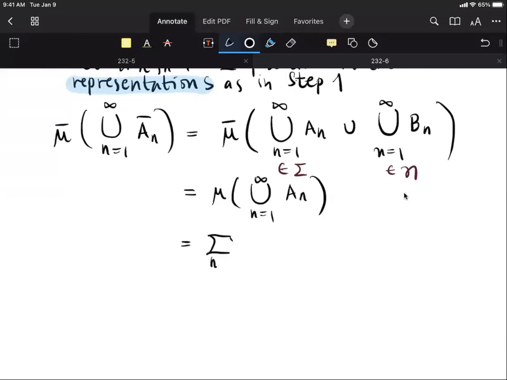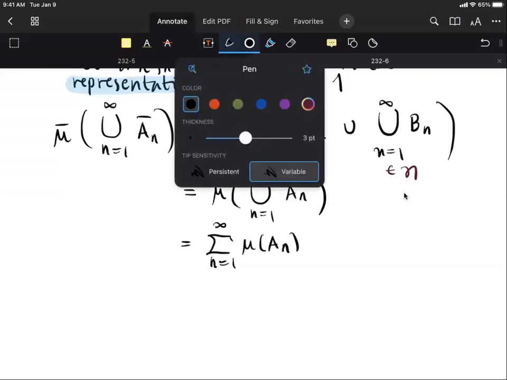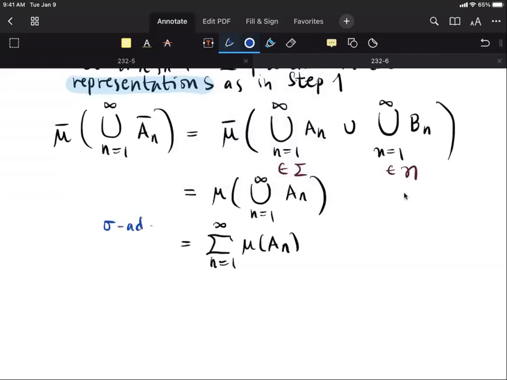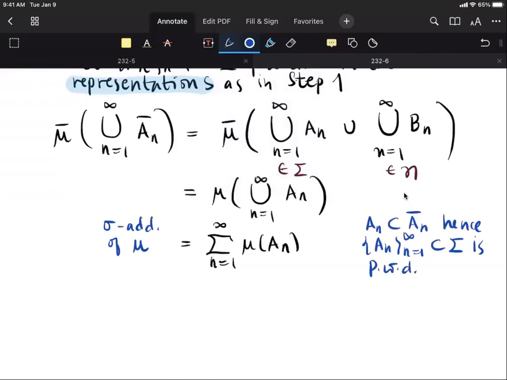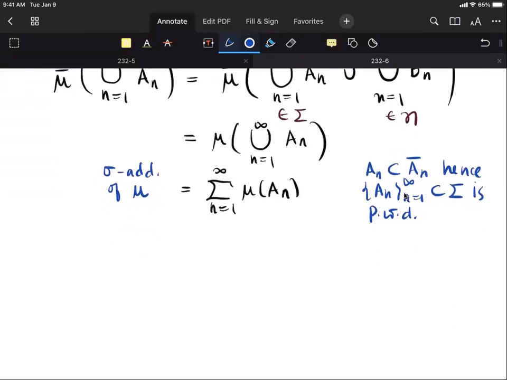Now, we can apply the additivity of mu, sigma additivity. And take note that A n is a subset of A n bar. Hence, if the larger collection is pairwise disjoint, then it follows that this one is also pairwise disjoint. Hence, sigma additivity of mu can be applied.